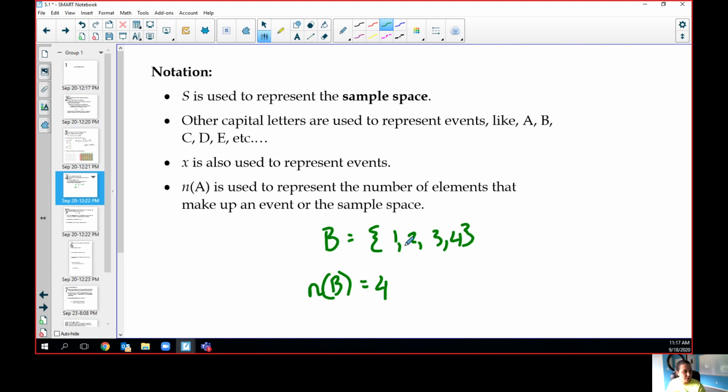There are 4 numbers there. So this letter can really be anything. The N just stands for the number of events in that sample.